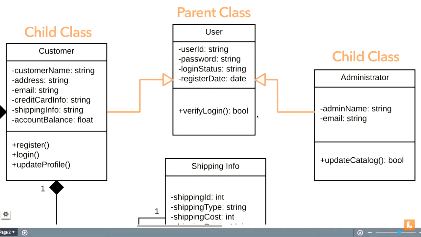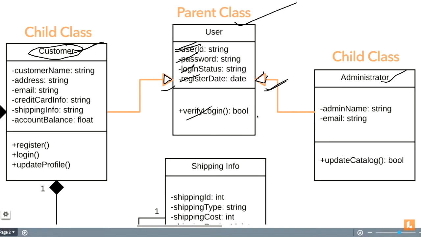Now let's see here. You can see there is inheritance here. How do we know? We know from this symbol. And both of these symbols are pointing to the user class. So this means that user is the parent class for customer and for administrator. This means that a customer already has a user ID, a password, login status, register date, and he will log in first.